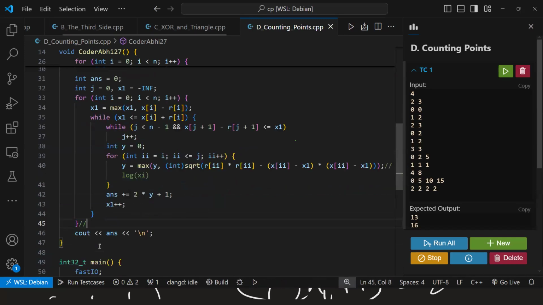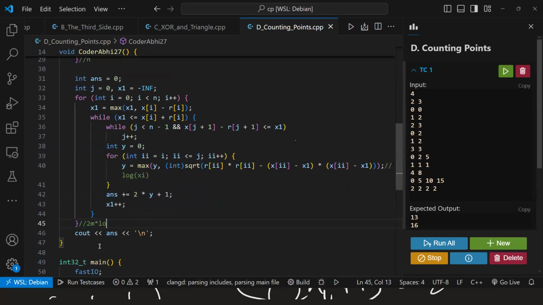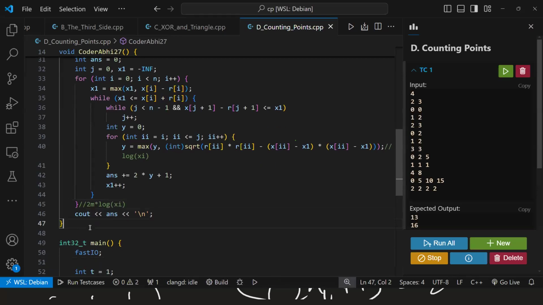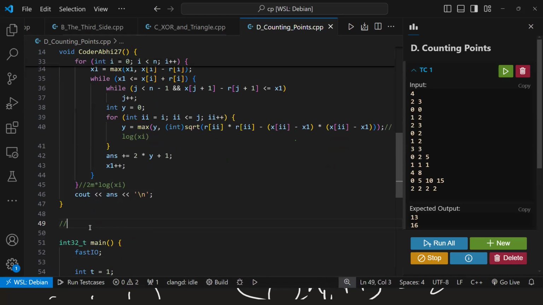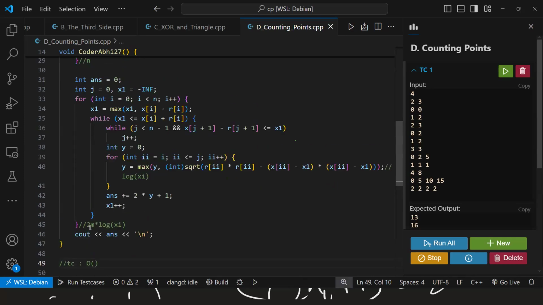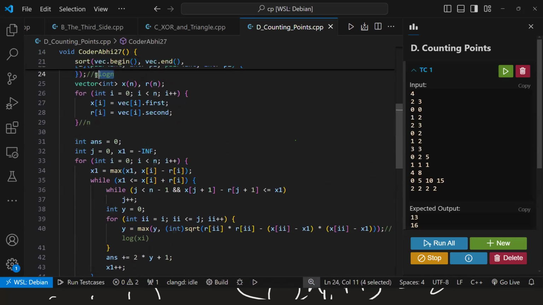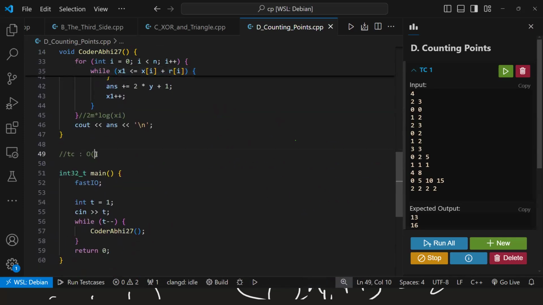So overall it would be 2m into log of xi at max. My final time complexity would be n log n plus m into log of xi.